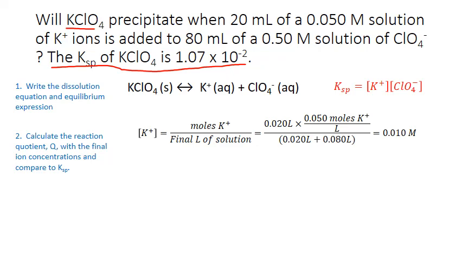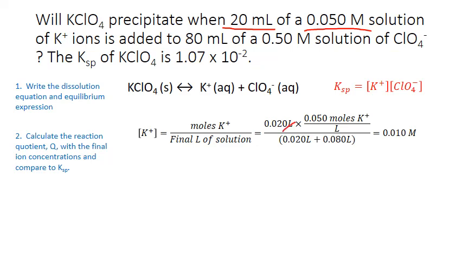So for potassium, this is going to be the moles of potassium that are mixed together divided by the final volume of the solution. So the moles of potassium we can calculate simply by taking the volume of the potassium solution that we mix times the concentration, that initial volume and initial concentration. So 0.020 liters for 20 milliliters times that 0.050 moles per liter for the initial molarity.